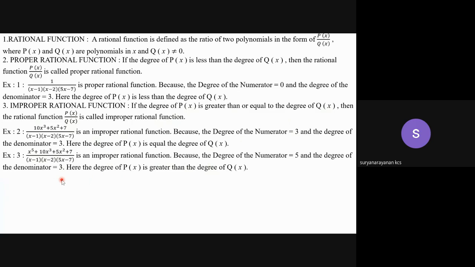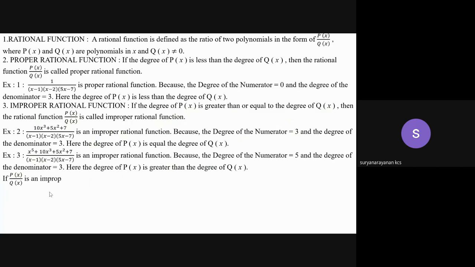You have to find the degree of the numerator and the degree of the denominator, and we compare the degrees. Then we decide whether the given rational function is a proper rational function or improper rational function. Now come to the next point.